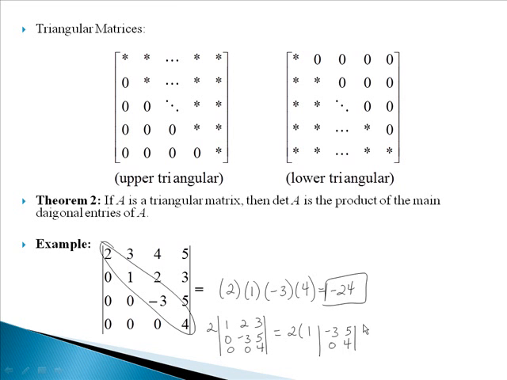And so now we have a 2 by 2. So I now have 2 times 1 times then negative 3 times 4, which is negative 12 minus 0. So I end up with 2 times 1 times negative 12, which is negative 24. So we see then that this method is the same. We'll get the same value for our determinant.